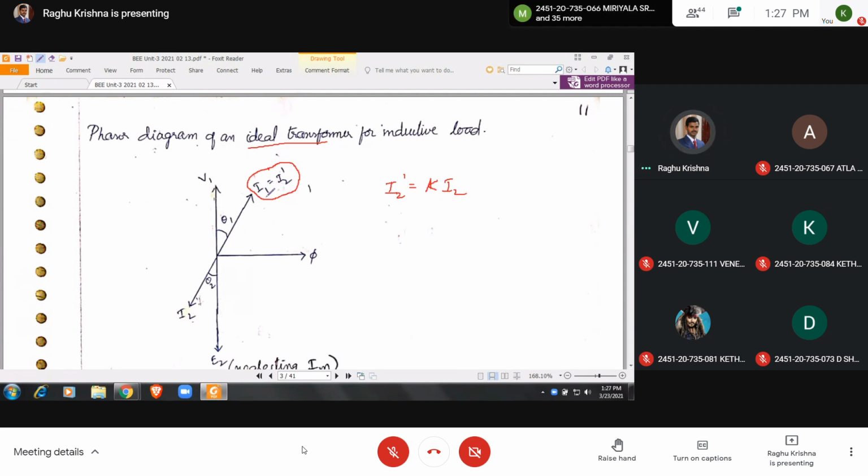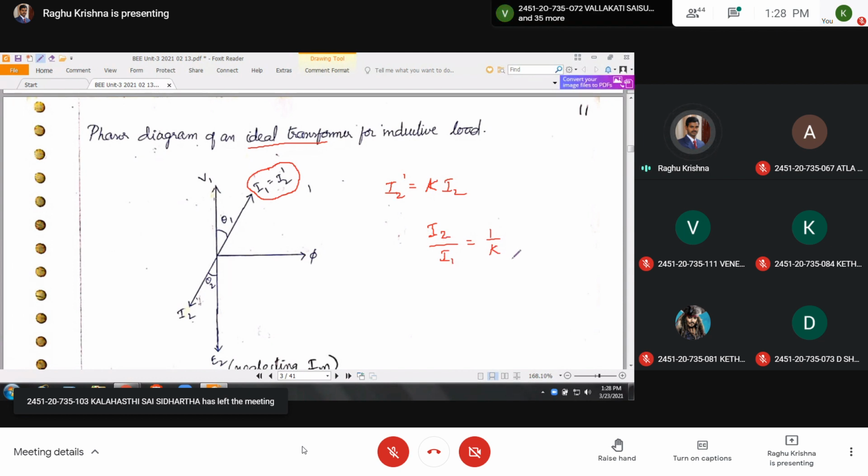Or you can take I1 is equal to K into I2. How did you get this? What is I1 by I2? I1 by I2 is equal to K, or simply I2 by I1 is equal to 1 by K.